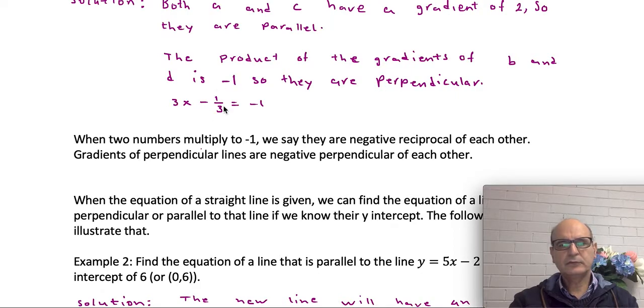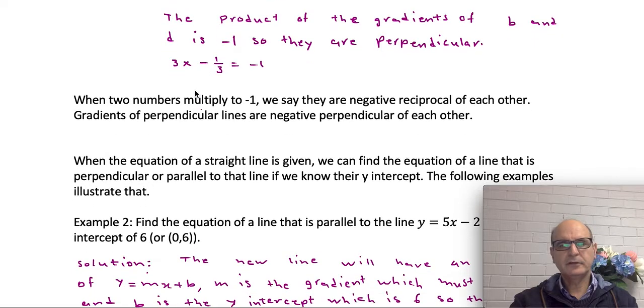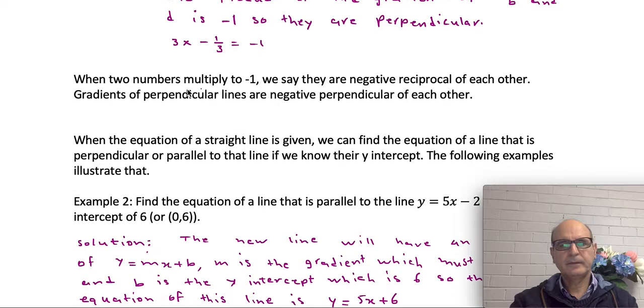To get to this one, we have to flip it: 1 goes at the top and 3 in the denominator. And because this is positive, change the sign to negative. So that's what negative reciprocal means. If you had a whole number, put it over 1, flip it, and change the sign. If it was already a fraction, then just flip it and change the sign.